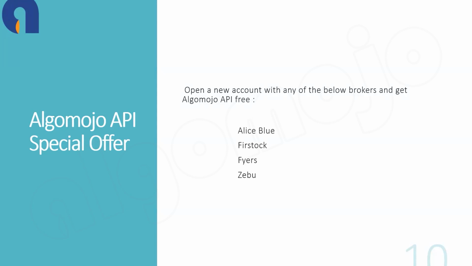For other brokers, all users get a 7 days trial to check whether the Algomojo platform meets the requirement and is suitable for your strategies. Once you're sure it does, you can take the subscription.